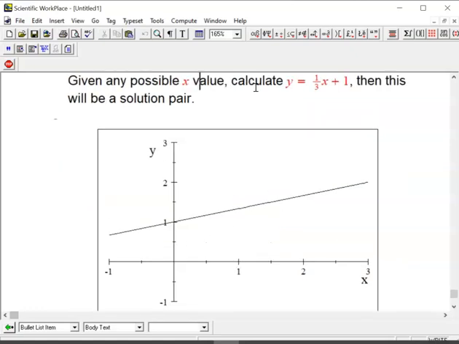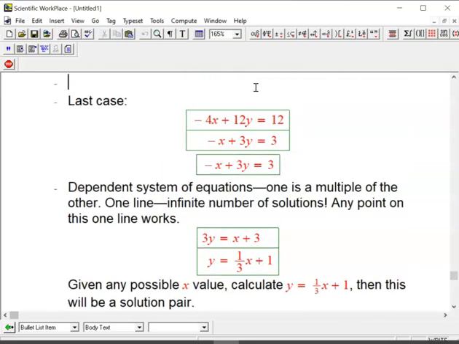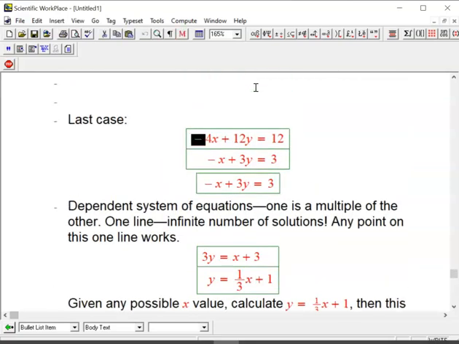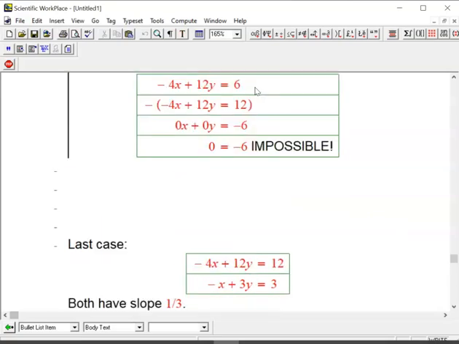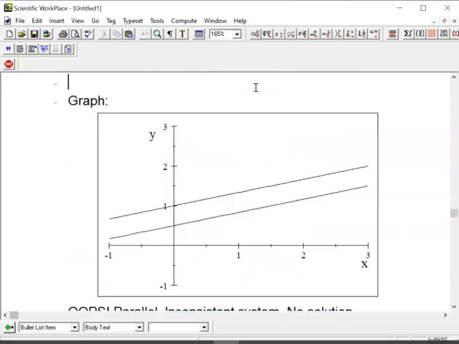So how could we have told that a little bit earlier? Again, the slopes are going to be the same. These both have slope 1/3. And once you know that, you're either in the inconsistent case, where it's two parallel, distinct lines, or don't assume that.